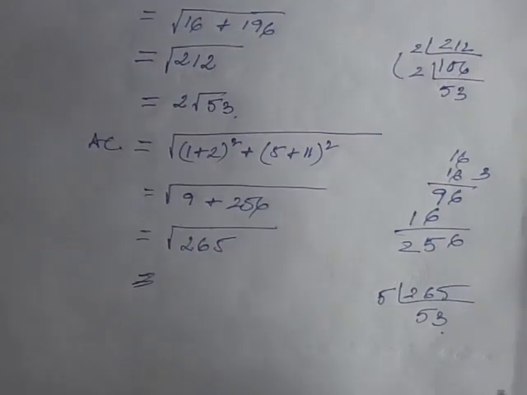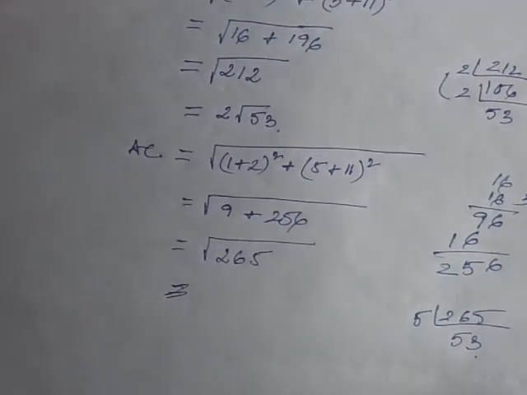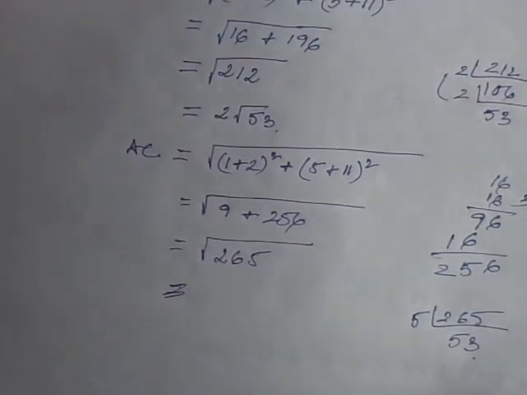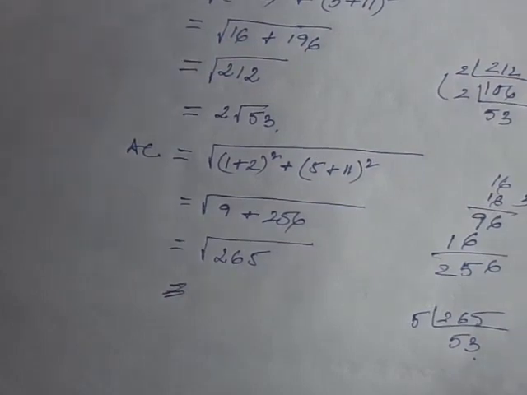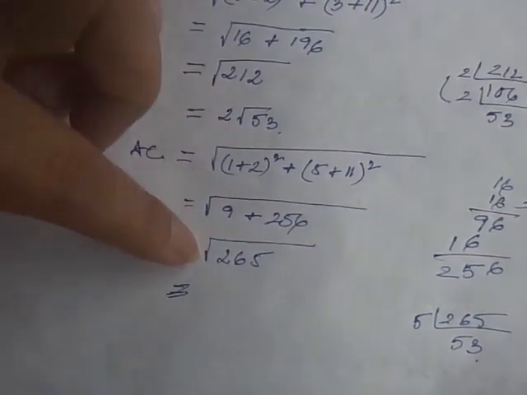Okay, we can't simplify this. Now here we can't forget about whether the sum of any two is equal to the third. We can't add these two, we can't add these two.